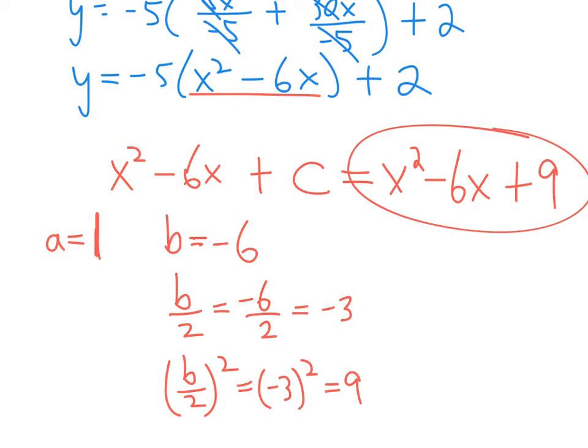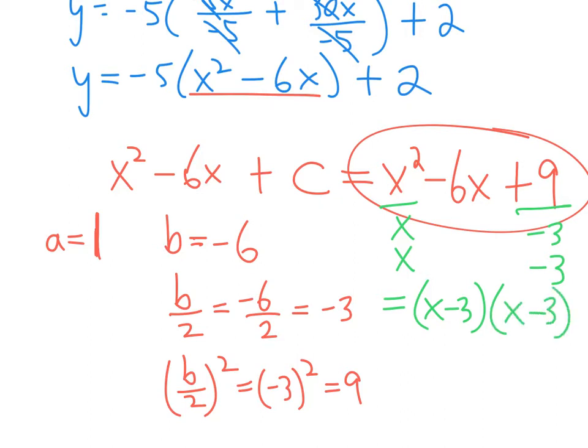And what does that mean, complete the square? To understand it better, if we factor this standard form using product and sum, x times x equals x squared, and -3 times -3 equals +9, which means our factored form would be x minus 3 times x minus 3. Notice both factors are the same.